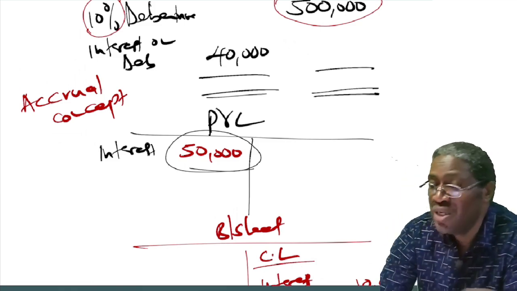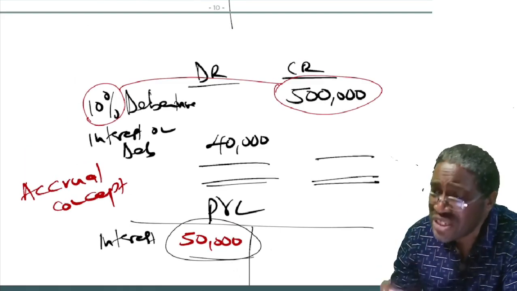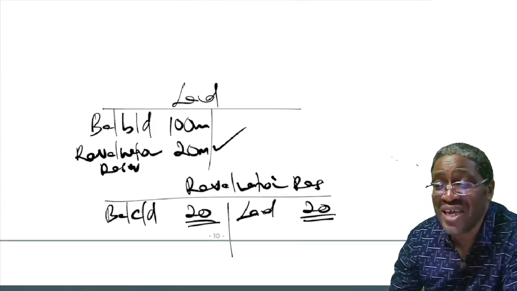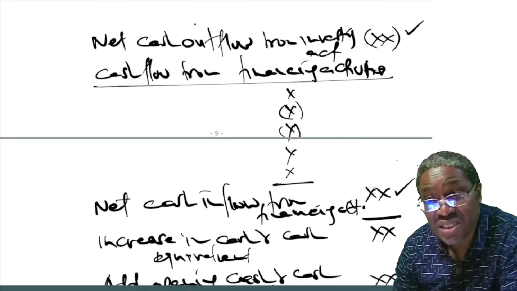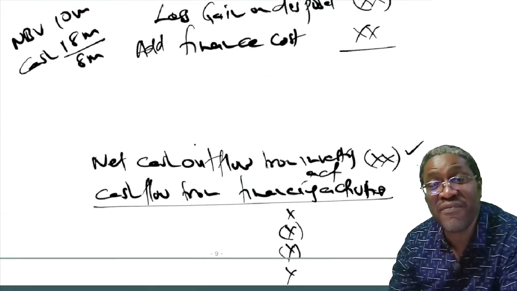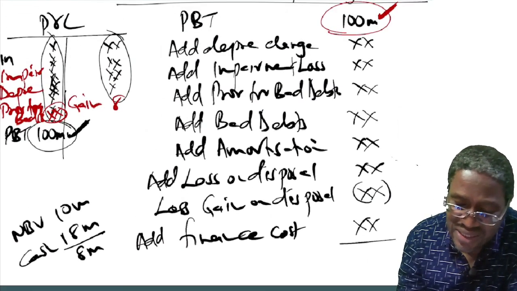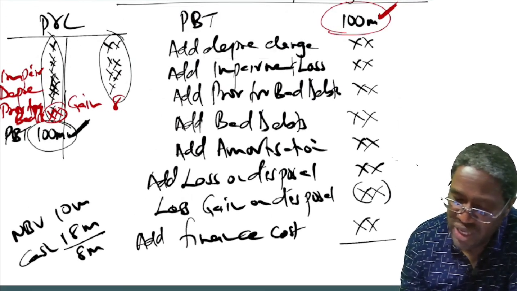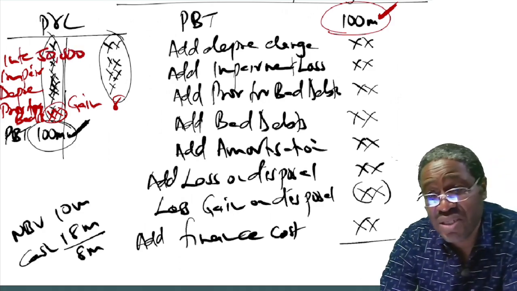Just a bookkeeping entry. So meaning, therefore, among your non-cash expenses in the P&L account was the 50. Not the 40, the 50 that you charged. That 50 we are calling interest, which went to the income statement as interest, is what you charge.